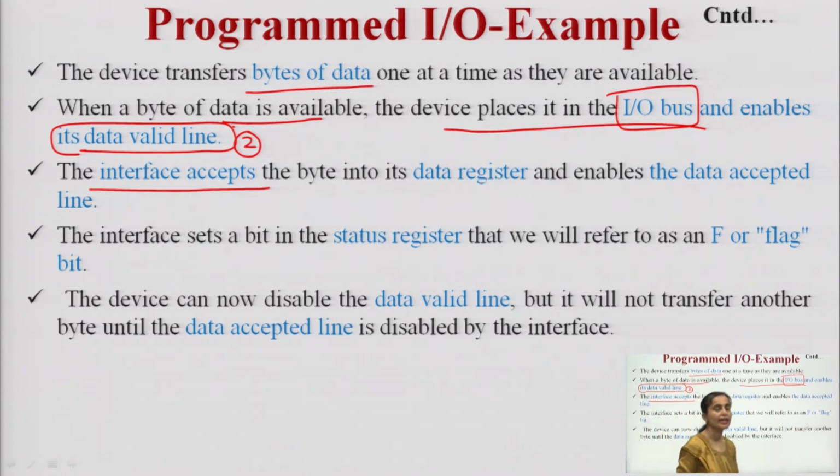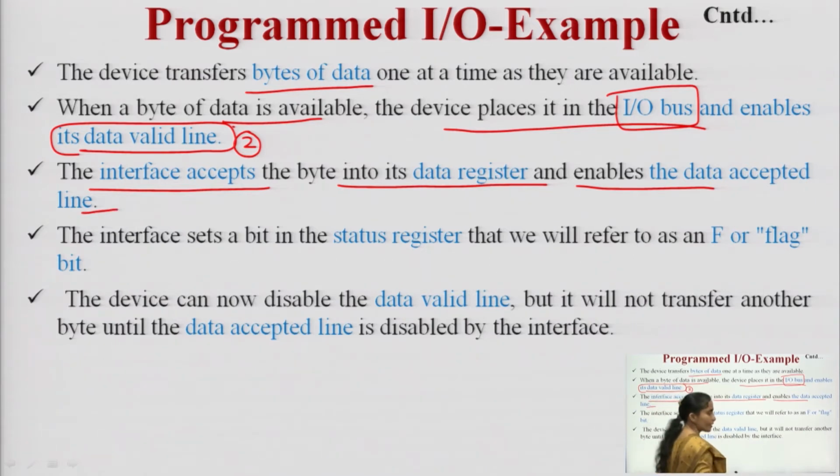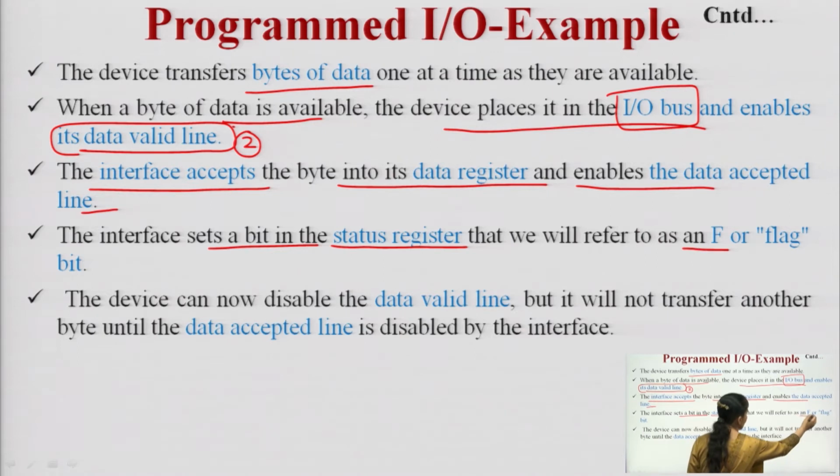Then, after that, the interface accepts the byte, places it into the data register and enables the data accepted line, as I told in the diagram. The interface now sets a bit in the status register, and we will set our F flag as 1.